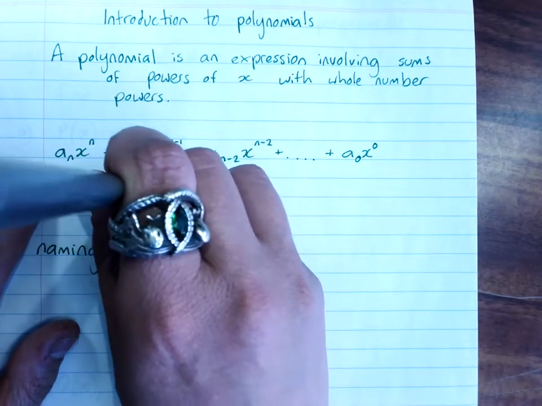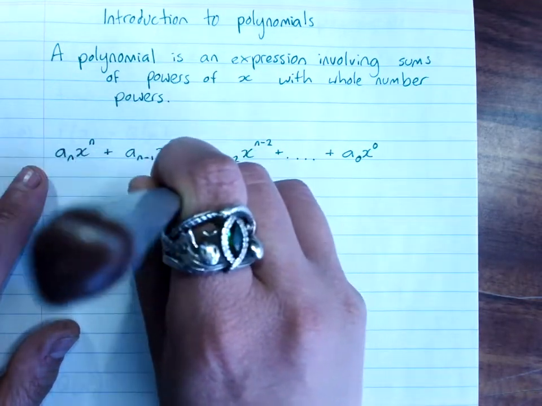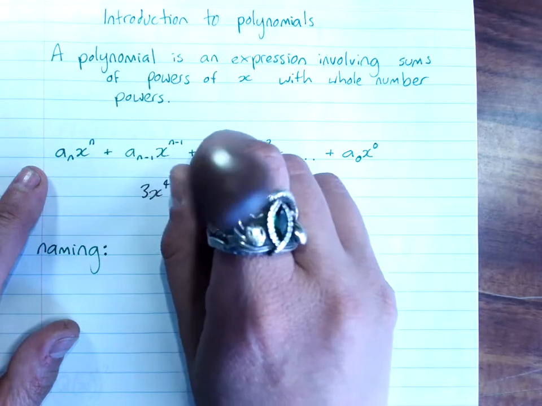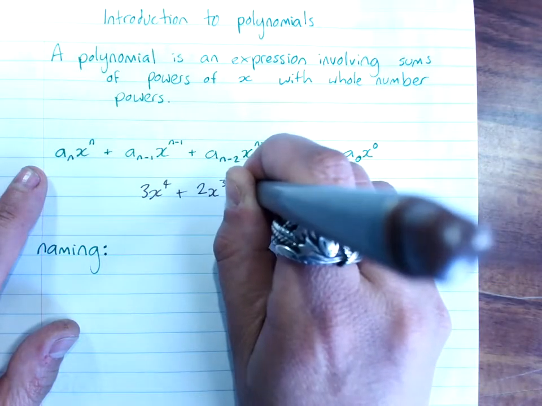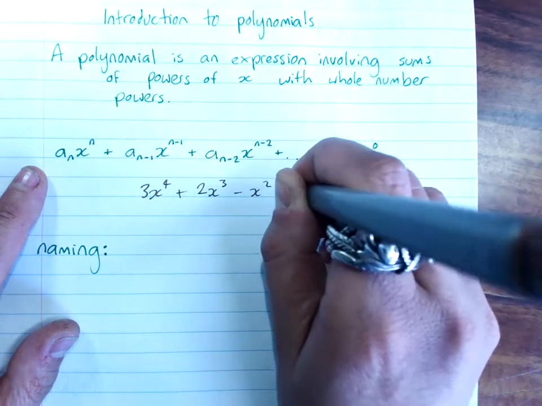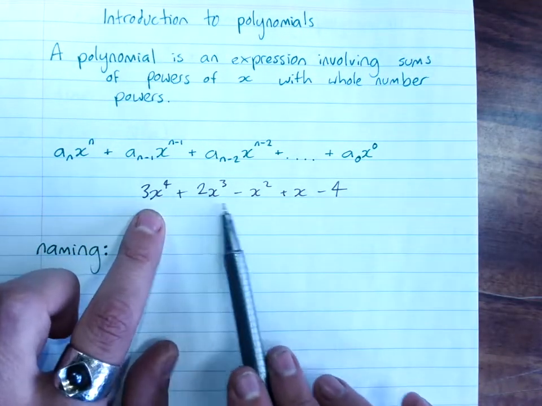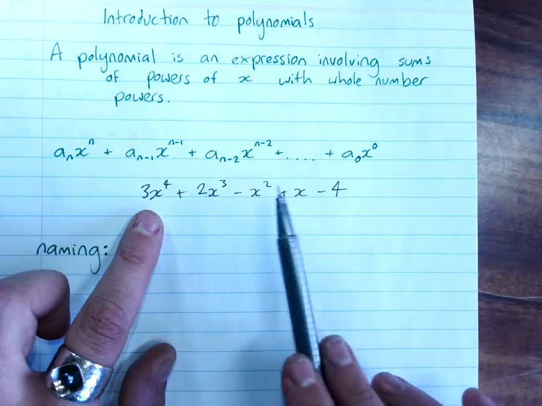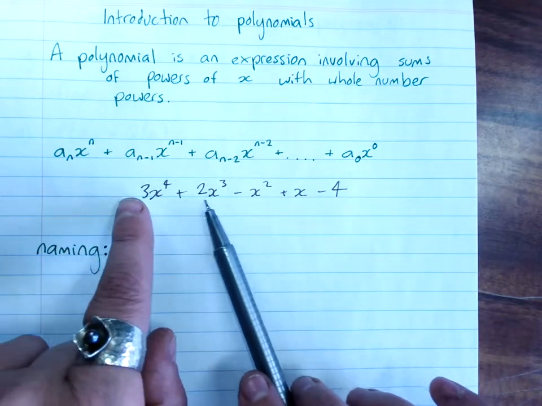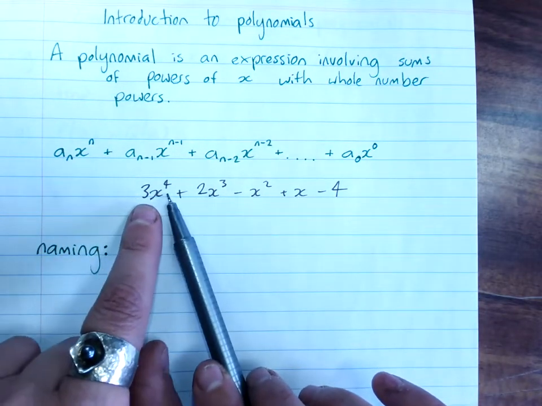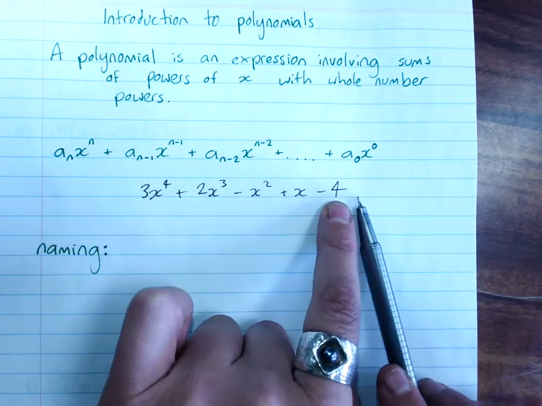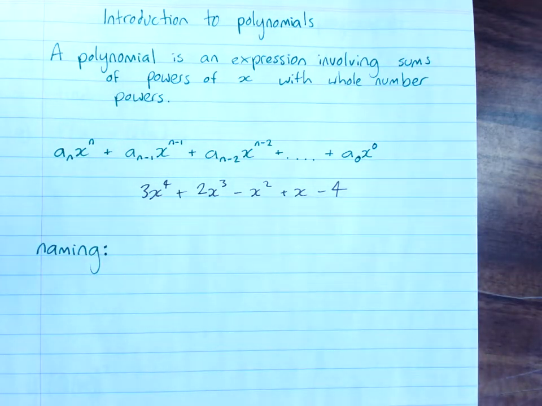This is a polynomial. You can see that all the powers of x are whole number powers. I've sorted them, or arranged them, from the highest power of x down to the lowest power of x.